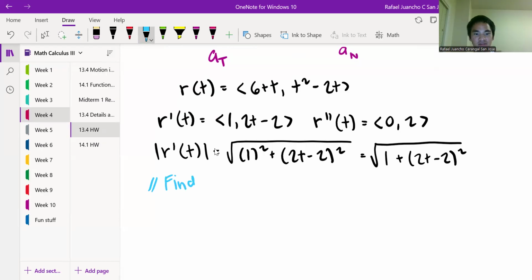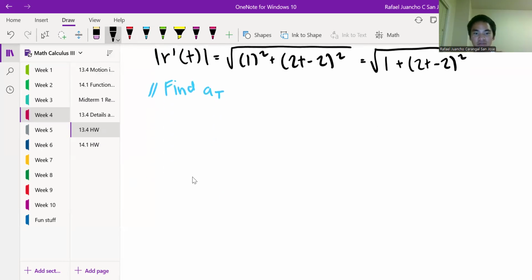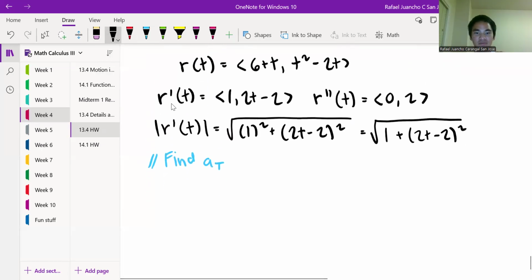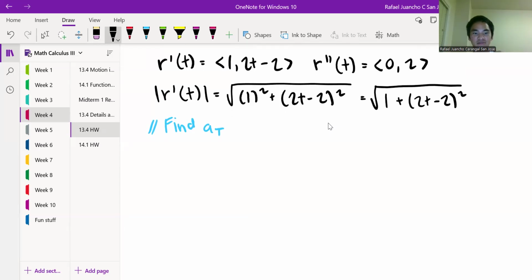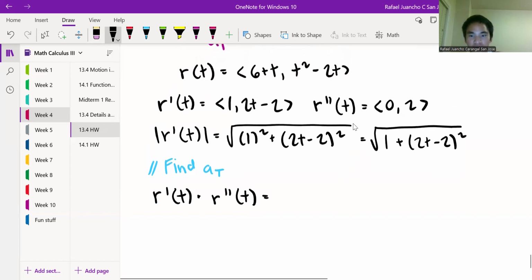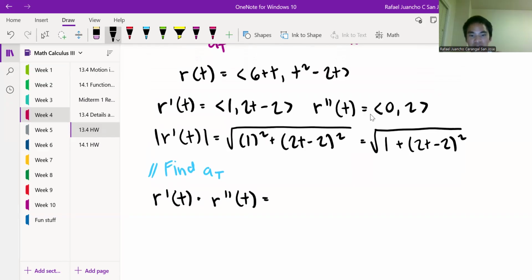I guess we find a of t now, right? So here we need to find the dot product of my first and second derivative. So let's quickly do that. 1 times 0, that's just 0. And I add that to 2 times 2t minus 2, which is just 4t minus 4.